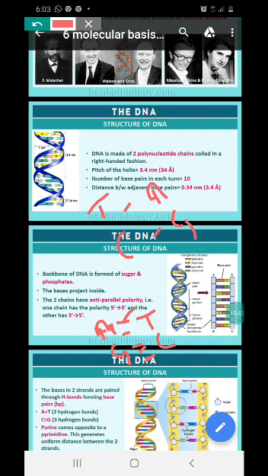Like that, the 2 strands of polynucleotide are formed. If one strand has the polarity 5 dash 3 dash, the other strand has the opposite polarity. Okay, children, clear?